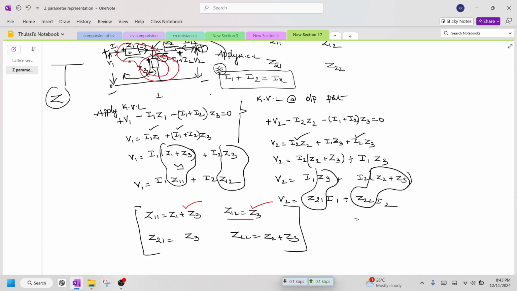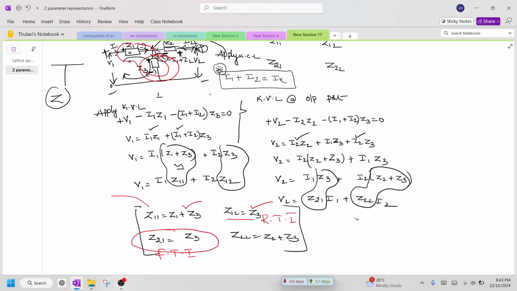And this is the forward transfer impedance, and this is the reverse transfer impedance.